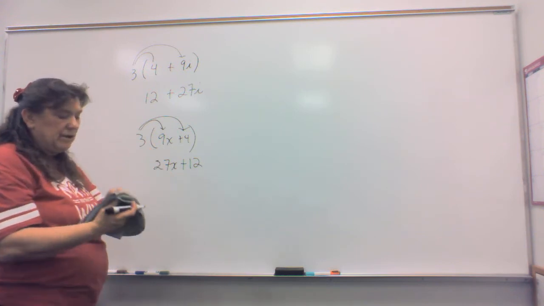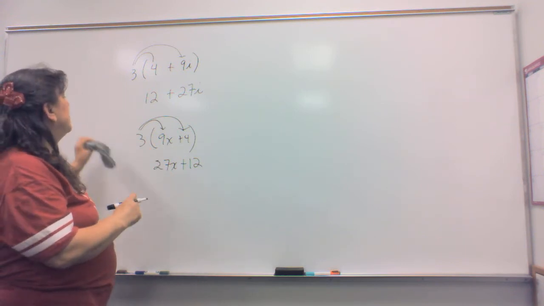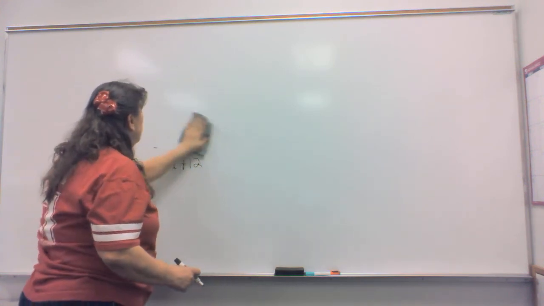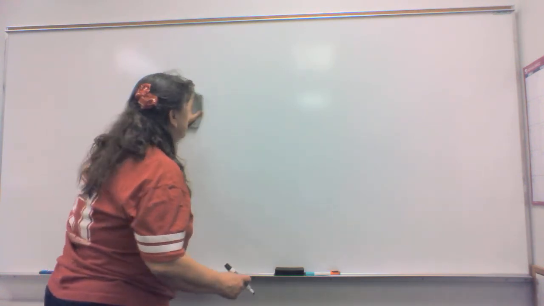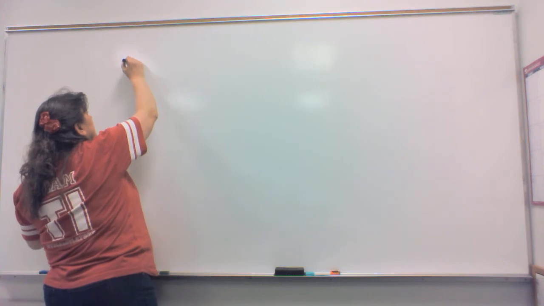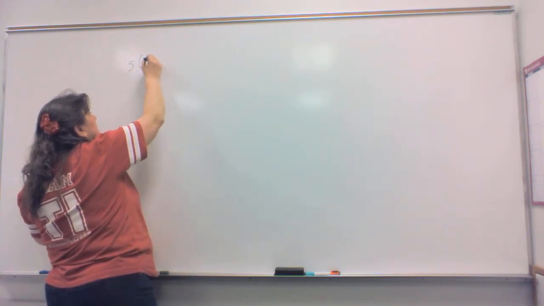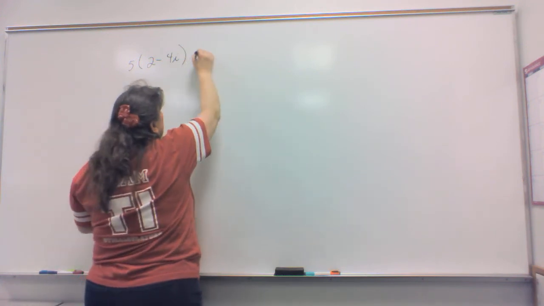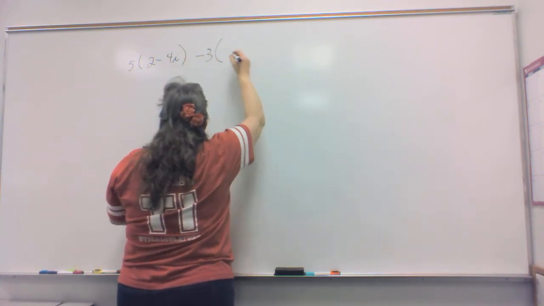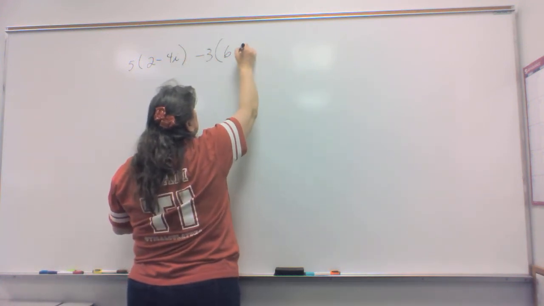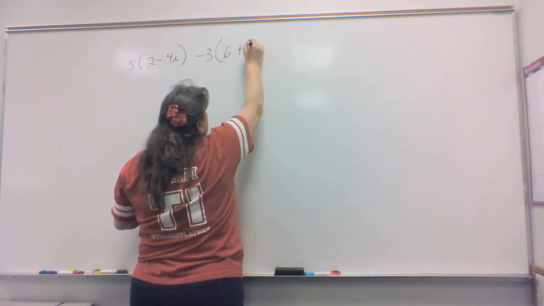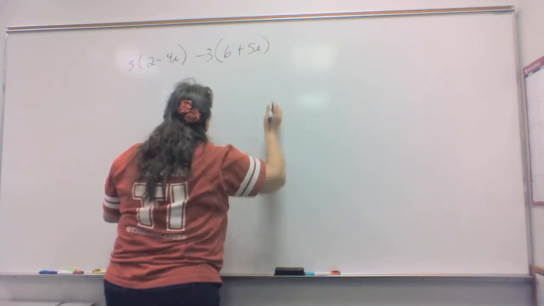So we've done our like terms, and we've done a monomial multiplication. Well, now let's do more than one of those multiplications and then simplify. So 5 times 2 minus 4i minus 3 times 6 plus 5i. That's what we'll do.